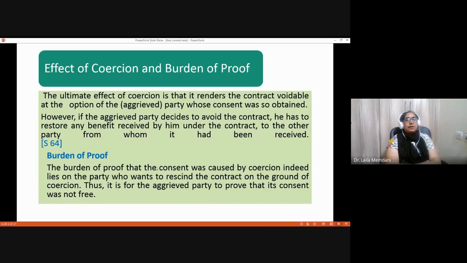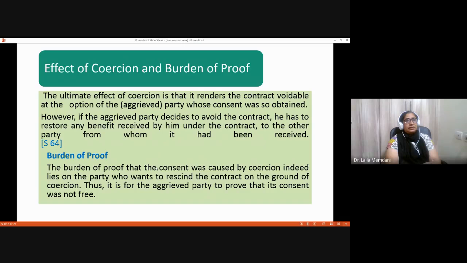The aggrieved party may decide to avoid the contract, that is, rescind the contract. If he does this, he has to restore any benefit received under the contract to the other party. The burden of proof that consent was caused by coercion lies on the party who wants to rescind the contract.